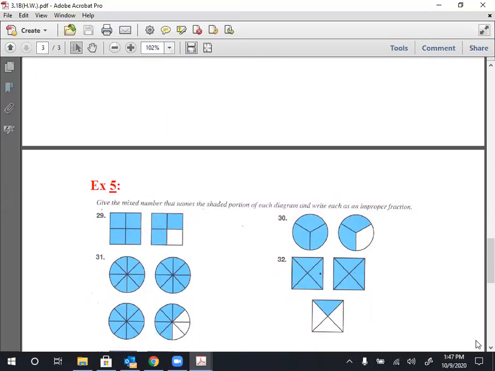Almost. Remember, you're looking at 2 big squares, aren't you? See that you have 2 big squares? I agree with you that 29 is 4 out of 4. But what about this other square over here?